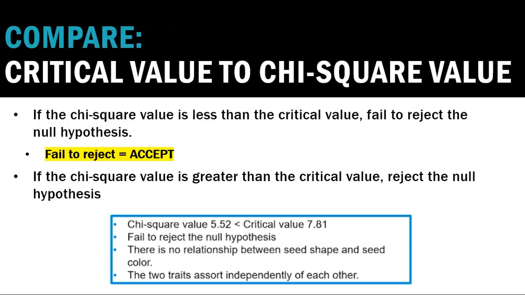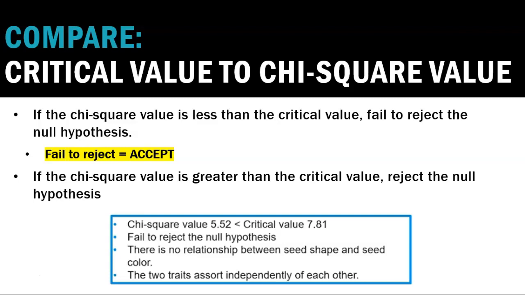If the chi-square value is less than the critical value, you're going to say that you fail to reject the null hypothesis. Now that sounds weird, fail to reject, right? All that means, y'all, is I'm going to accept the null hypothesis, okay? And so if they use the word accept null hypothesis or fail to reject the null hypothesis, it means the same thing.